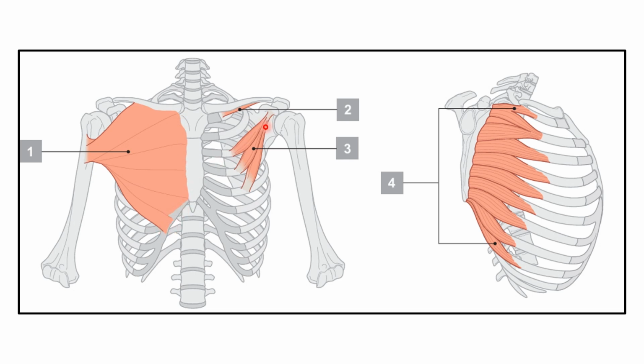This is the pectoralis minor. It originates from ribs 3 to 5 near the costal cartilage. And this is the subclavius muscle, originating from the first rib near the costal cartilage. And this is the serratus anterior muscle, originating from ribs 1 to 8 or 1 to 9, actually its lateral surface.